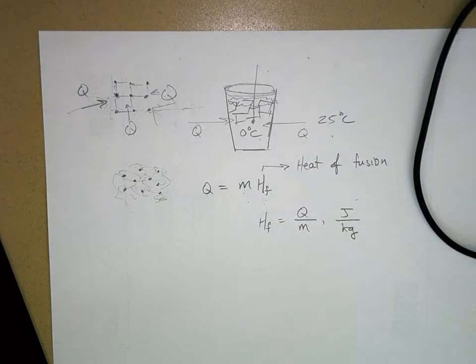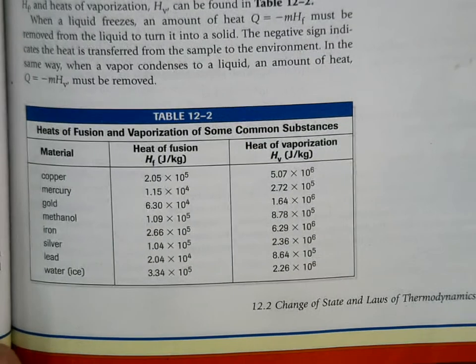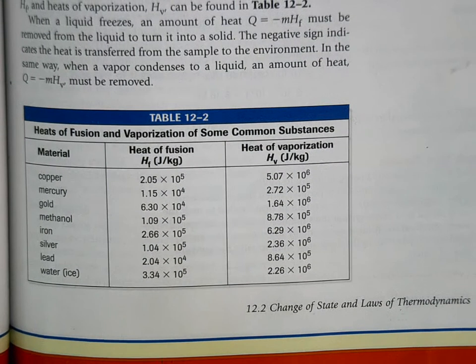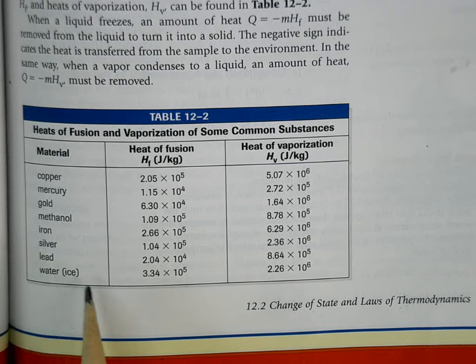Now for ice, and again here I have my physics textbook has a table for heat of fusion. So here's water, the transition from water to ice or ice to water.